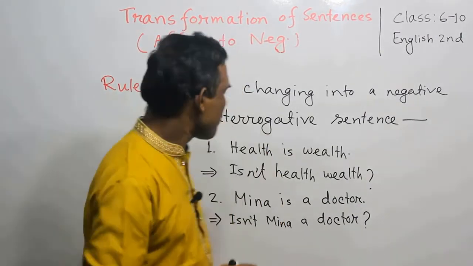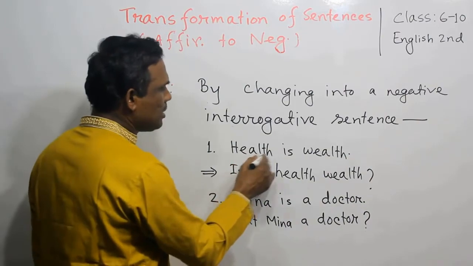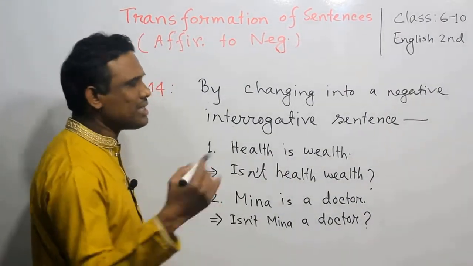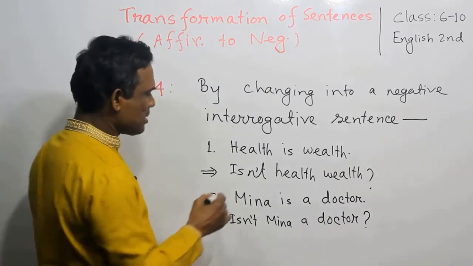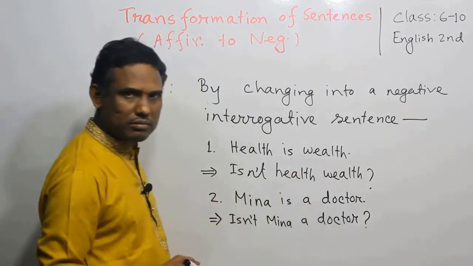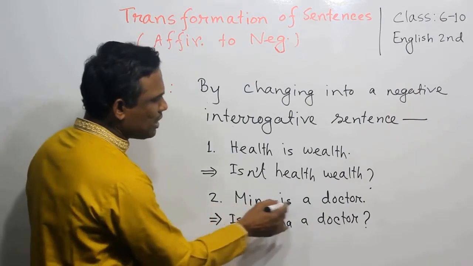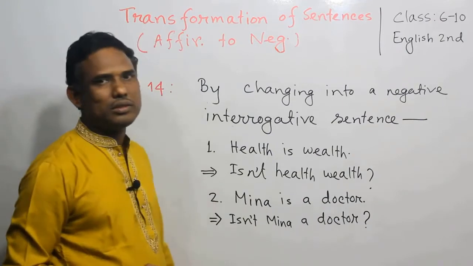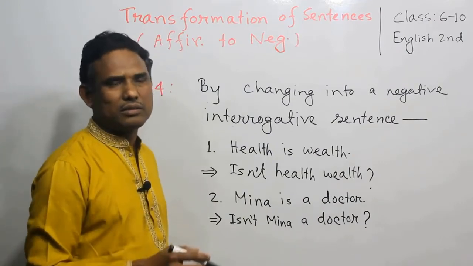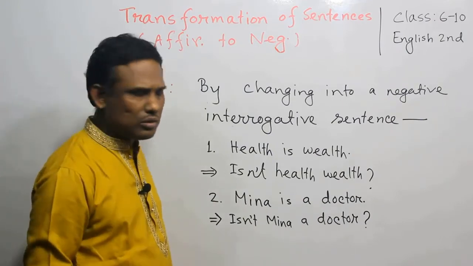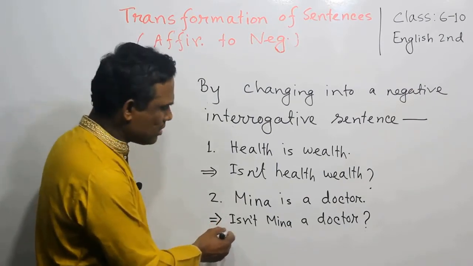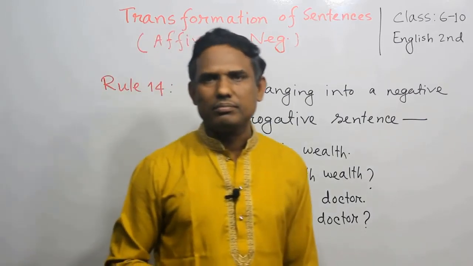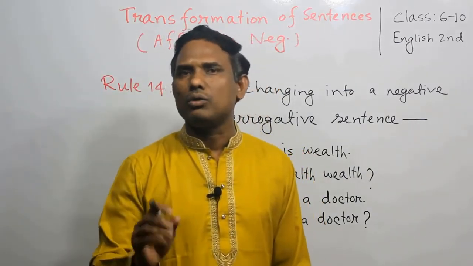For example, number 1, health is wealth. It is a universal truth, so its negative form is isn't health wealth. Number 2, Meena is a doctor. You do not find any word that can be changed into an opposite word, so its negative form is isn't Meena a doctor. Now I hope you have understood all the rules.